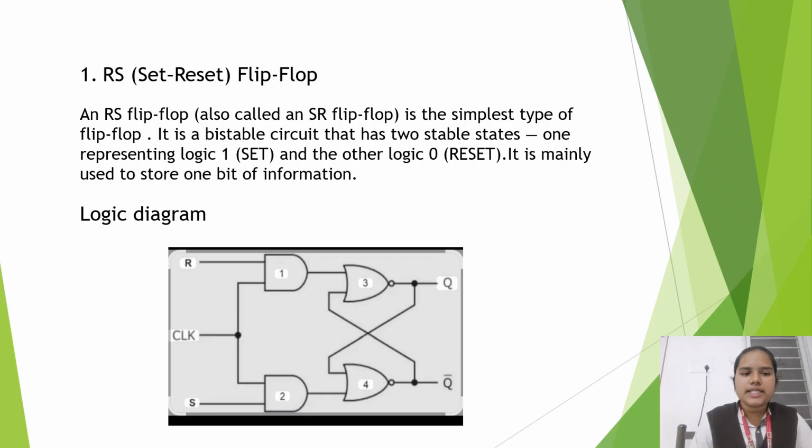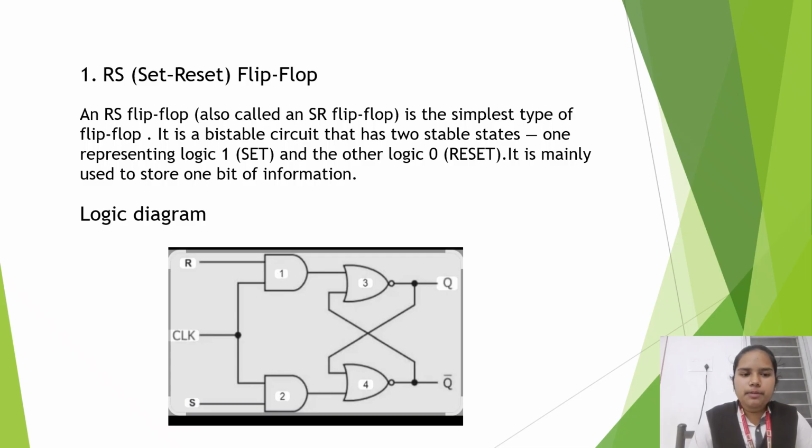First one, RS flip-flop. An RS flip-flop, also called an SR flip-flop or set-reset flip-flop, is the simplest type of flip-flop. It is a bistable circuit that has two stable states, one representing logic 1, set, and the other logic 0, reset. It is mainly used to store one bit of information.